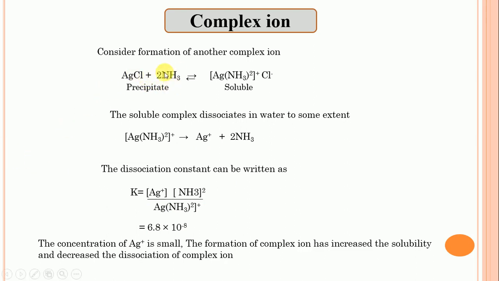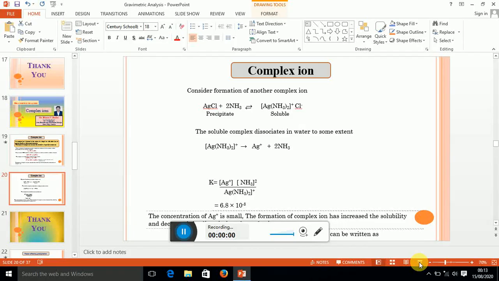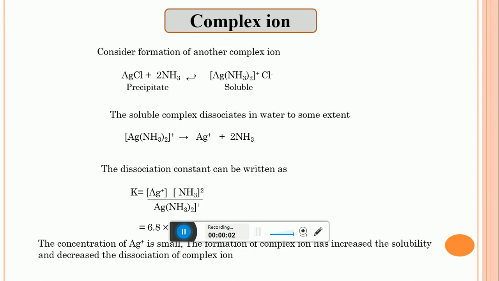AgCl reacts with ammonia and they form a complex like this, Ag(NH3)2 plus. Now the soluble complex dissociates in water to some extent. Now see the second example, that is the formation of a silver ammonia complex.